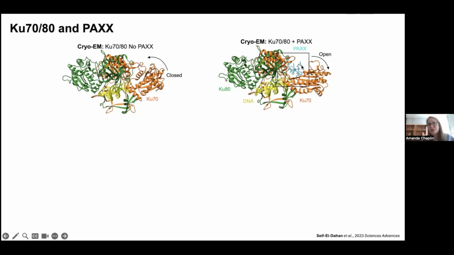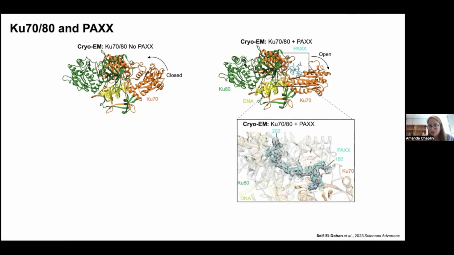And then we got a structure where we can see density for the peptide of PAXX bound. And now this VWA domain has really opened up to allow for PAXX binding. And if we zoom in here, we can nicely register this peptide and look at interaction interfaces. And in fact, we did some really nice mutational studies of this, showing the specific residues which are actually interacting with Ku80 from PAXX.